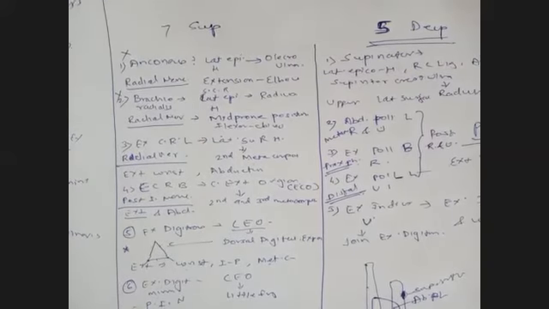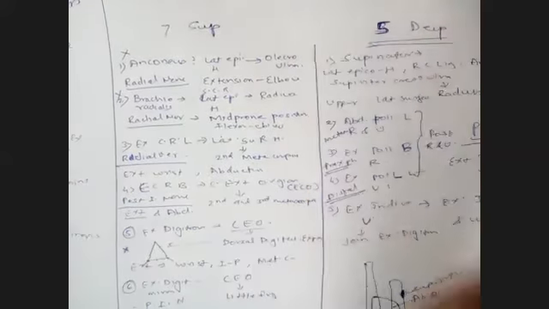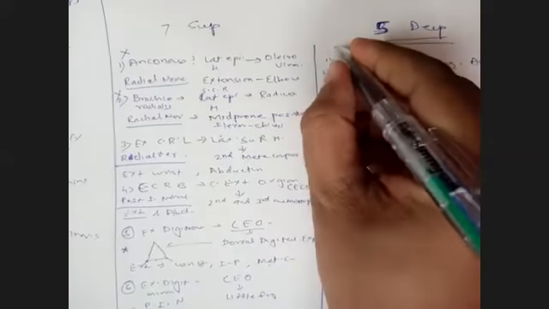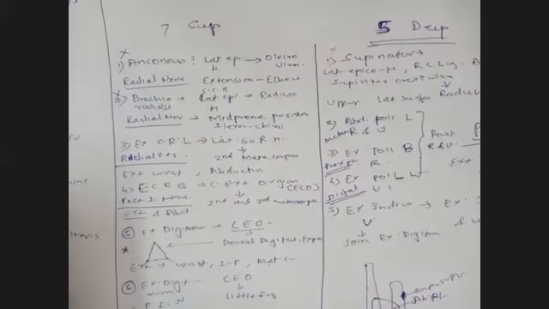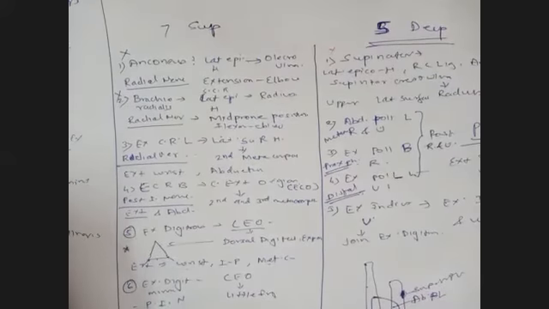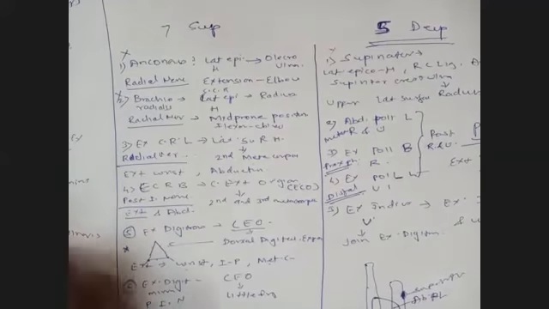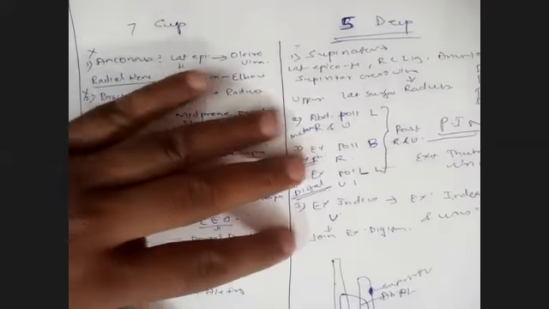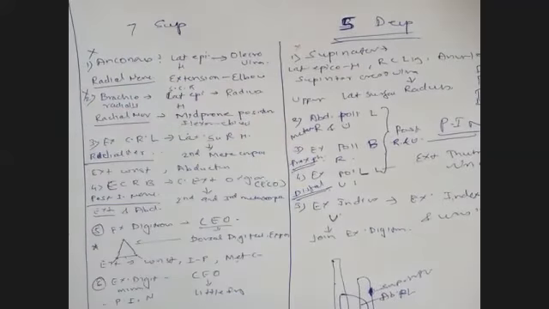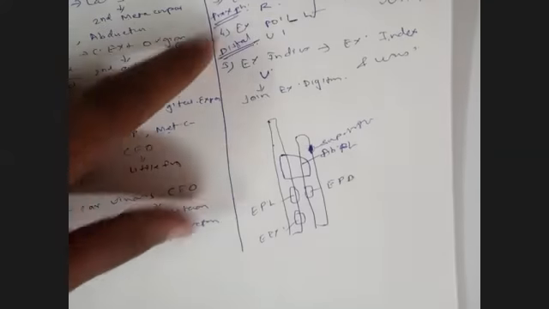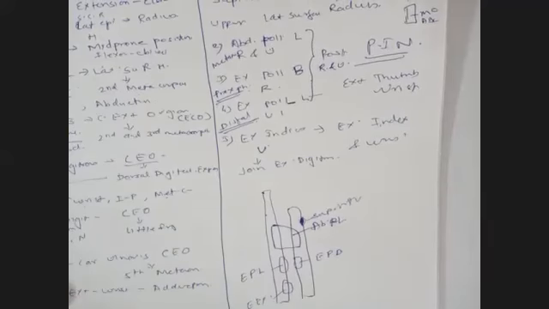Supinator doesn't cross the wrist joint either, it acts on the radioulnar joint. Most of the remaining muscles cross the wrist joint. They will cause extension of the wrist joint and some other actions: the radialis will cause abduction, the ulnaris will cause adduction. Abductor pollicis longus will cause abduction of the thumb.